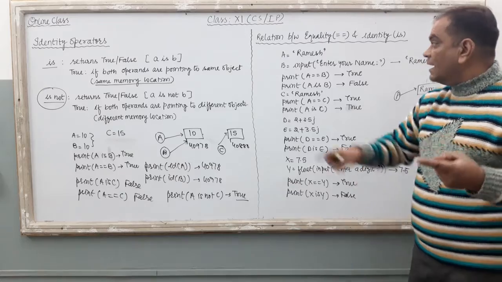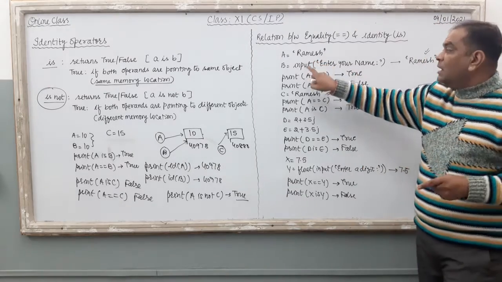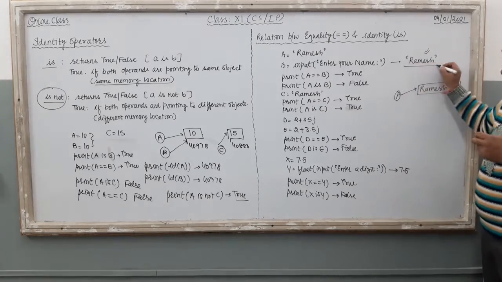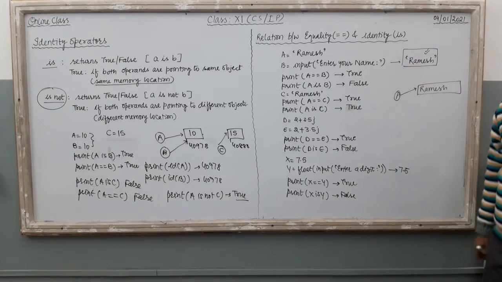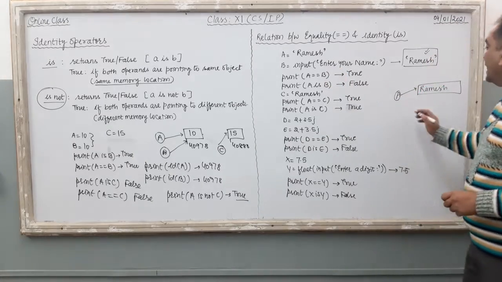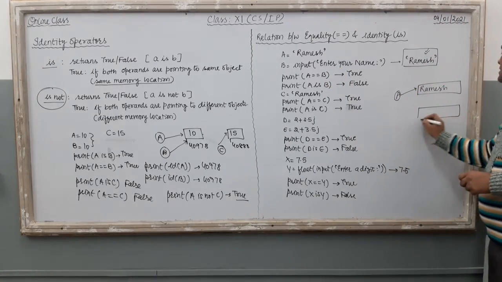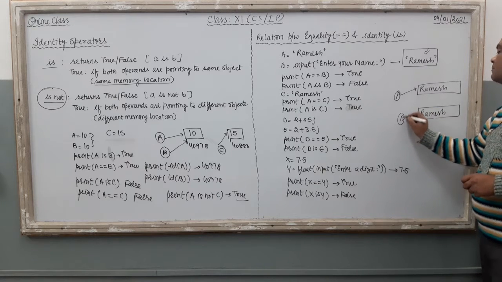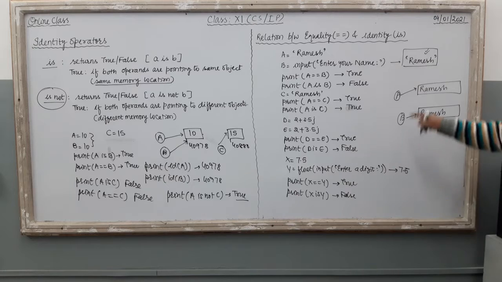Two different things are there: input from the programmer, and here input from the user. Now, if both the values are the same, then what will happen? If you input the string from the user, then your computer stores the string in another memory location. B is pointing to Ramesh like this one. Two different memory locations are there.